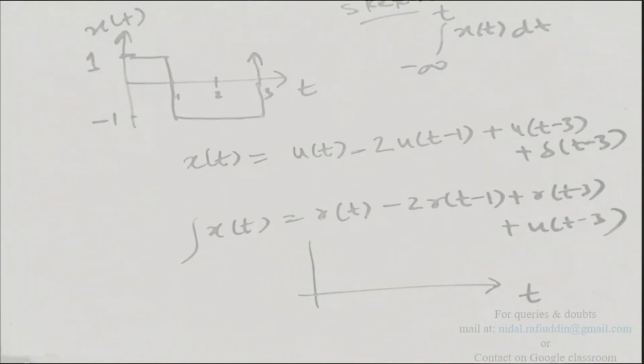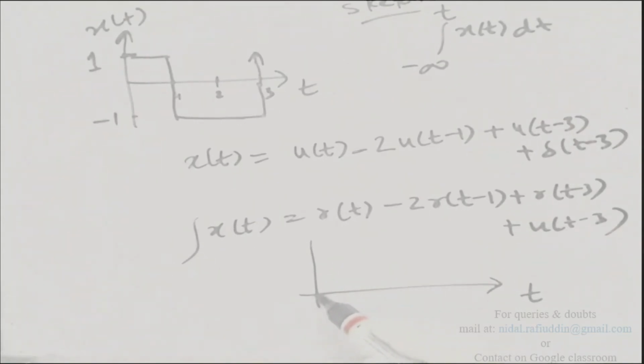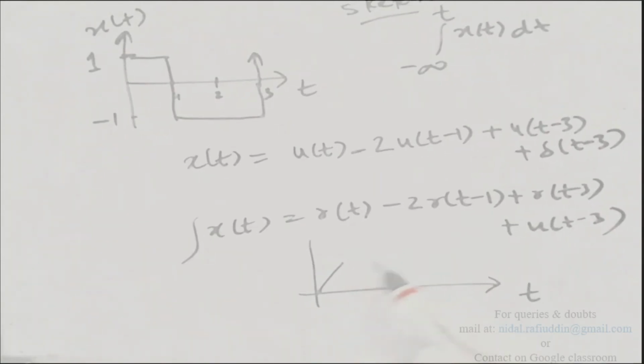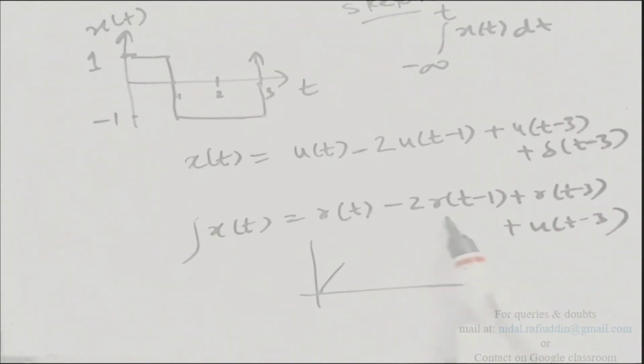So we have x(t) with a slope of r(t), and this will start at t equal to 0 and go till t equal to 1, because at t equal to 1 we have another expression.